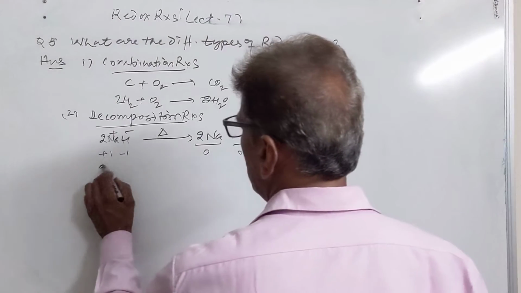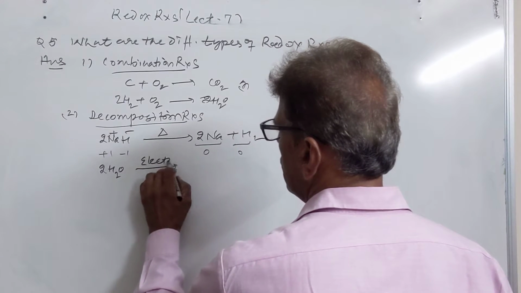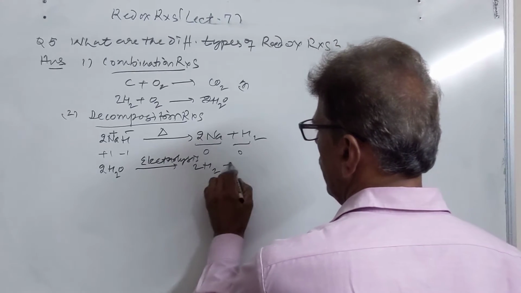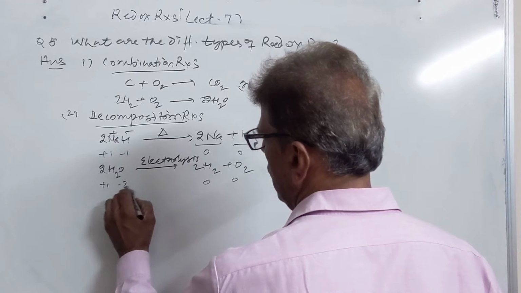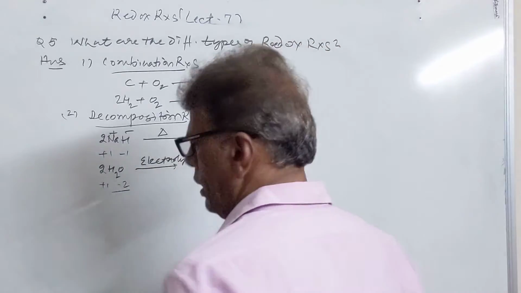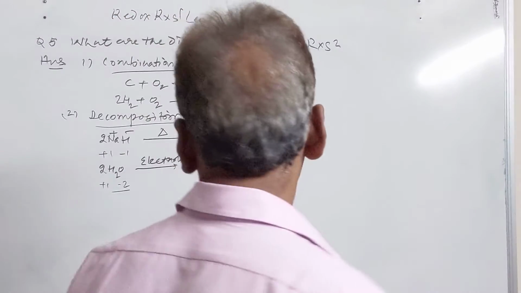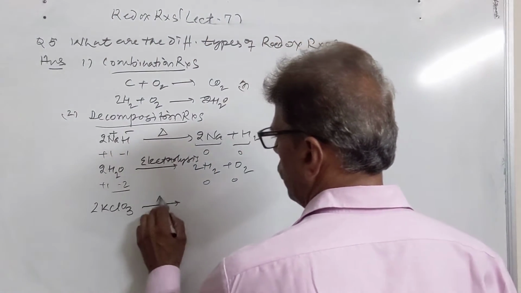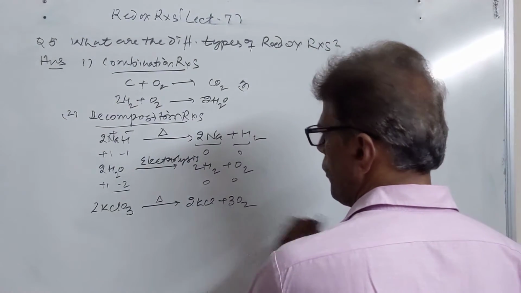Similarly, the decomposition of H2O by electrolysis converts it into 2H2 and O2. Again, oxidation numbers are 0. Here it was plus 1, here it was minus 2. So these are decomposition reactions where oxidation number is reduced to 0. 2KClO3 breaks up on heating to give 2KCl plus 3O2.